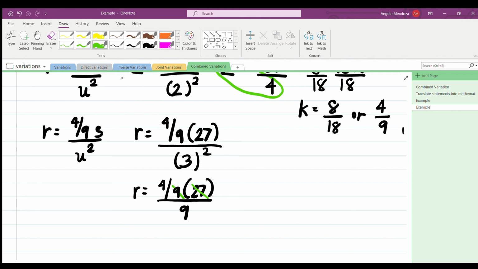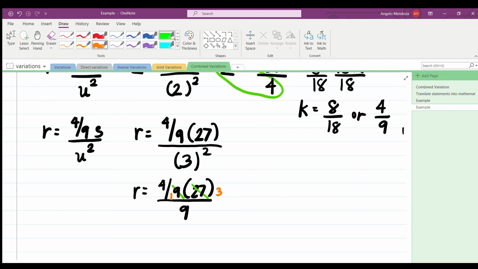So 9 here becomes 1, 27 here becomes 3. 9 divided by 9 is 1, 27 divided by 9 is 3.